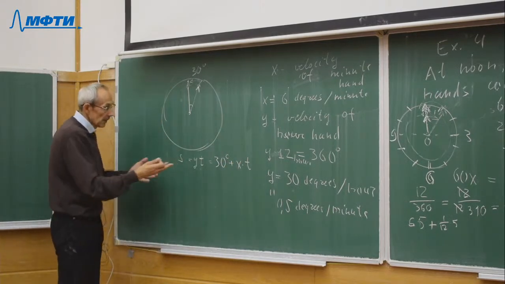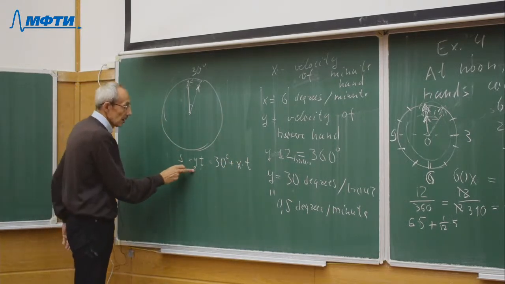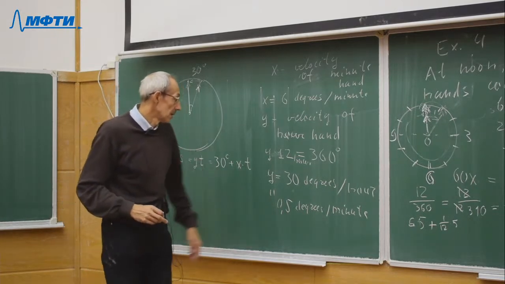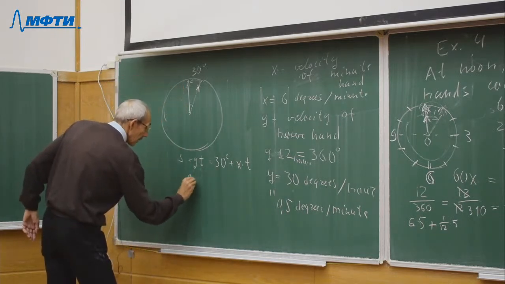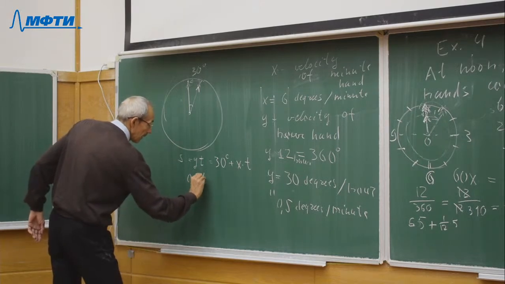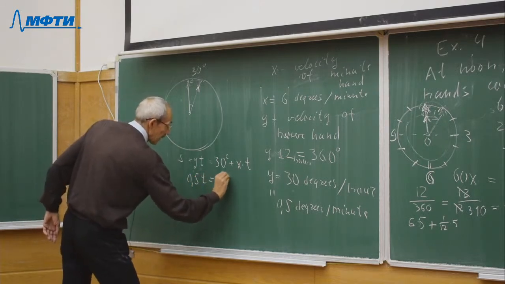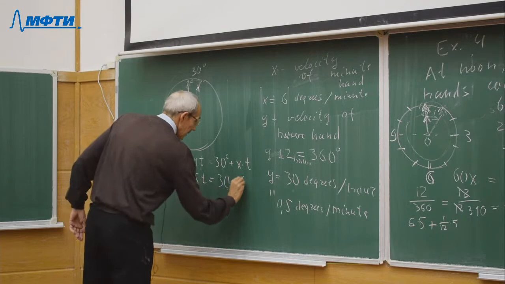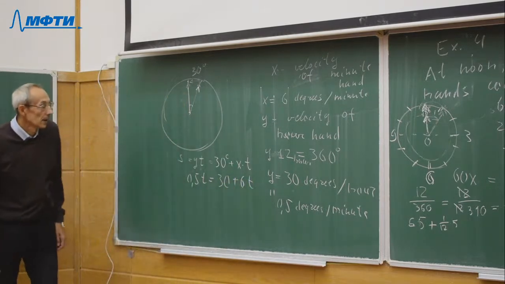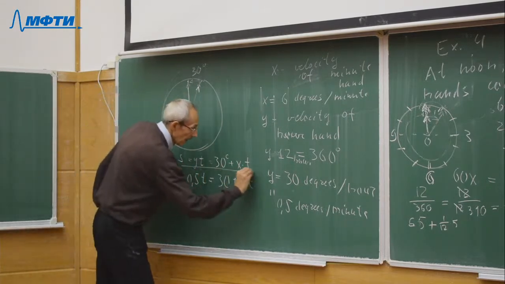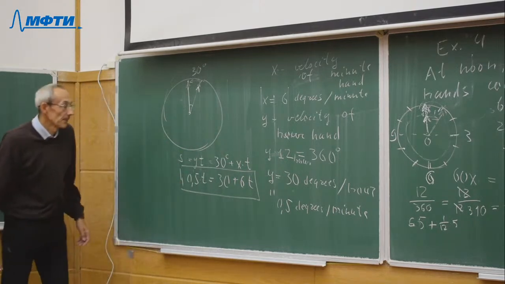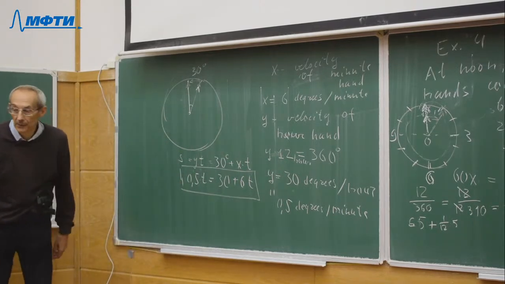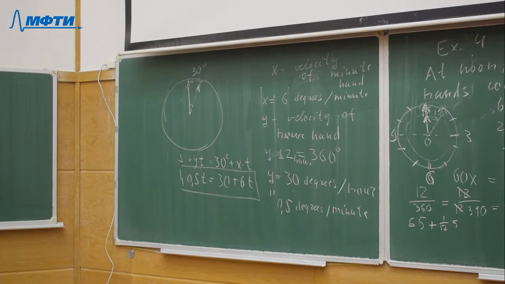And we have this equation, y t equals 30 plus x t. We have an exact equation. Let's try this equation.